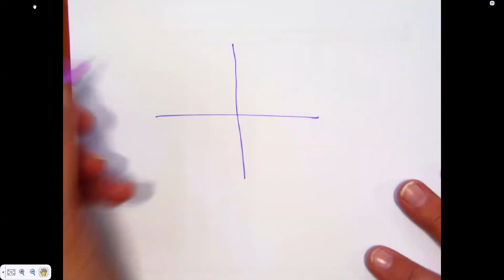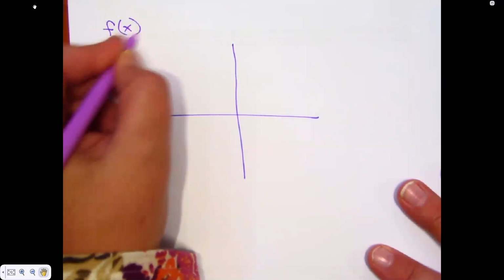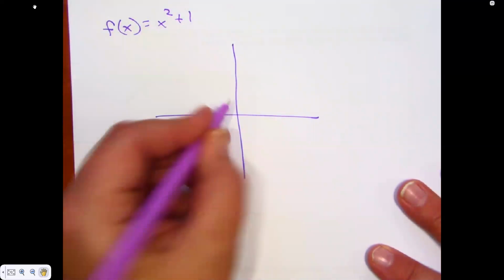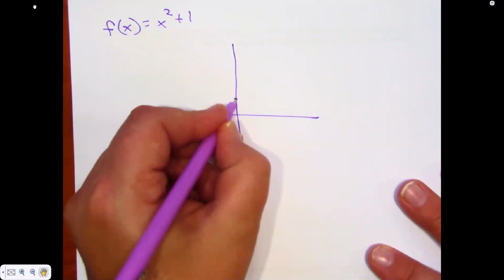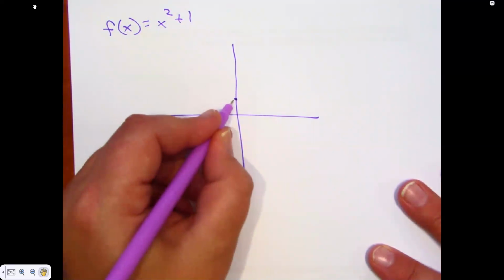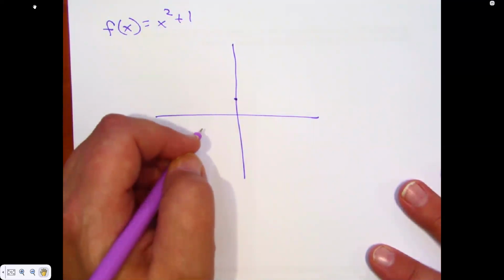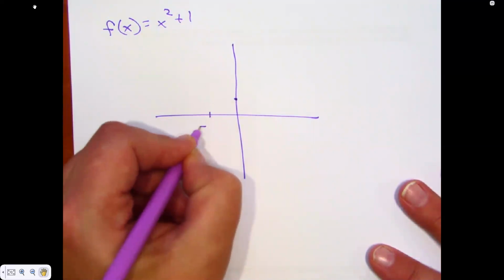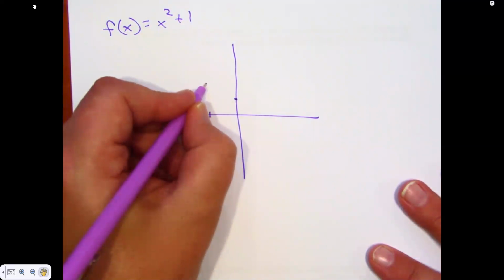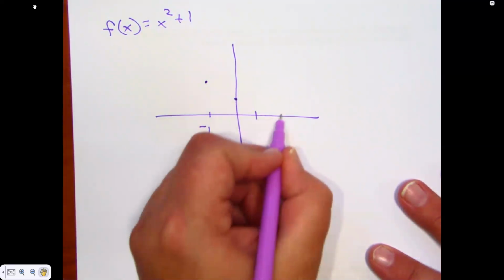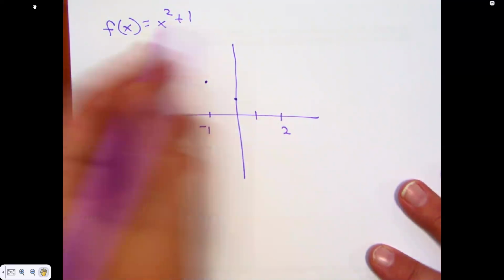All right, so let me graph. What was our graph? x squared plus 1. Okay, so that means it moves up 1, and we're going from -1, -1 would be there, and then 2 is all the way at 5.